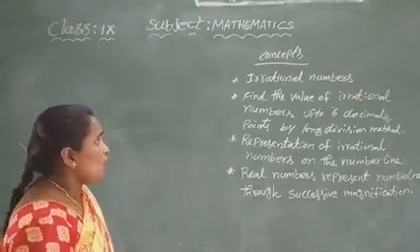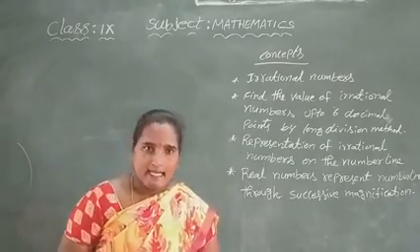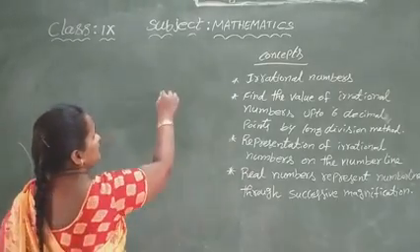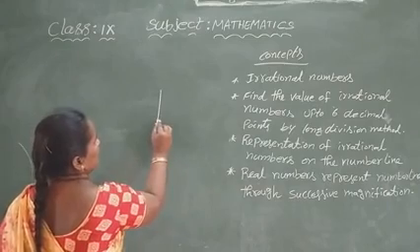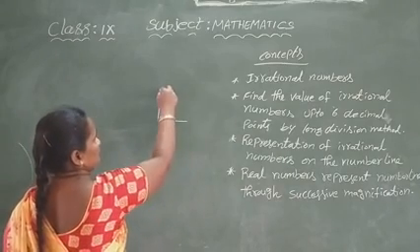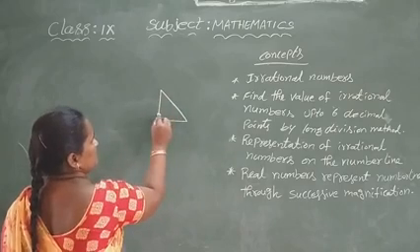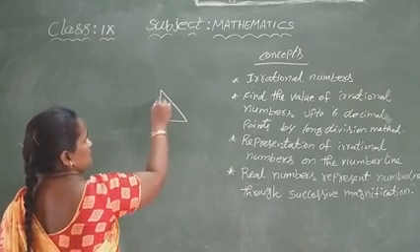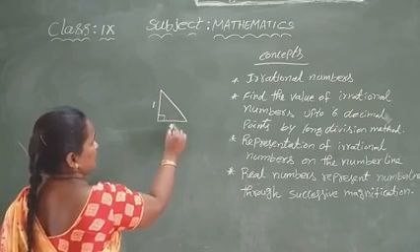Here we take an isosceles right angle triangle. See here, this is 90 degrees. This is 1 unit and this is 1 unit.